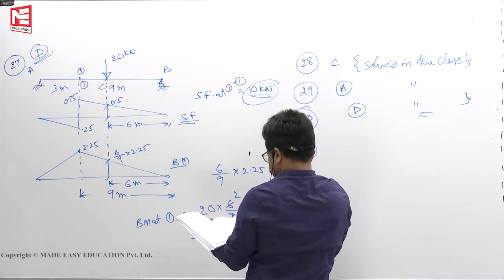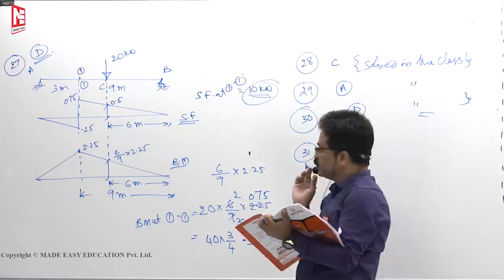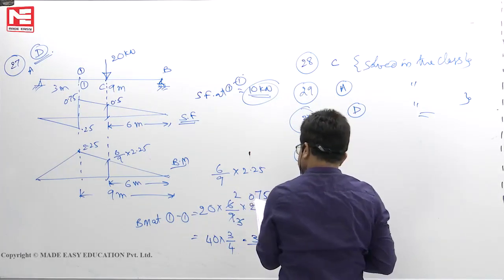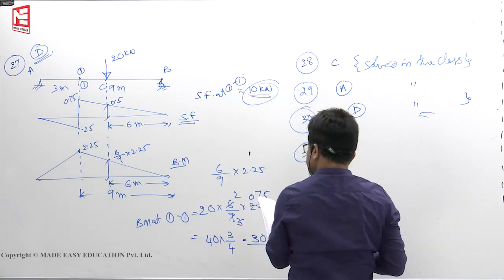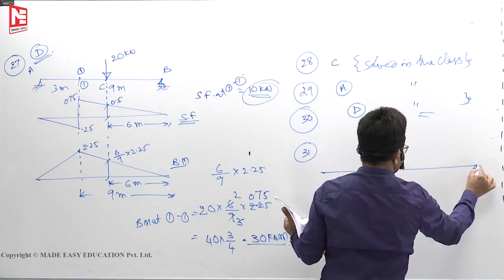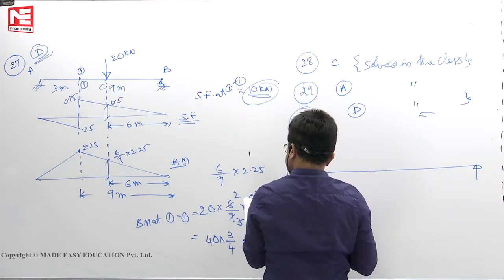Next, 31. A UDL of length 8 meters crosses a simply supported girder of span 20 meters. Maximum bending moment at left quarter span. This is the beam. UDL of length 8 meters.